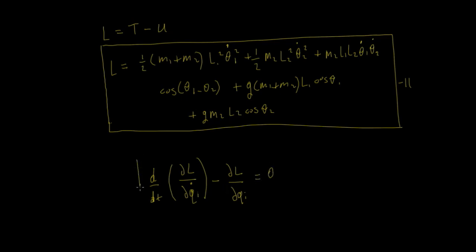Now, if you're wondering where that comes from, I've got a playlist on the calculus of variations, and that gets derived in it, so you can look at the full derivation in the calculus of variations section.